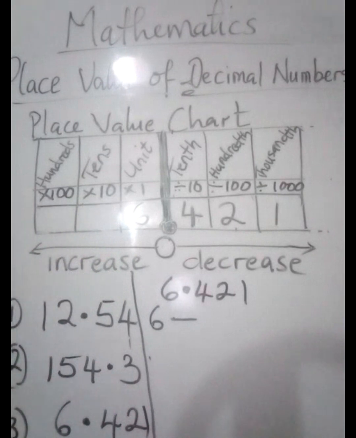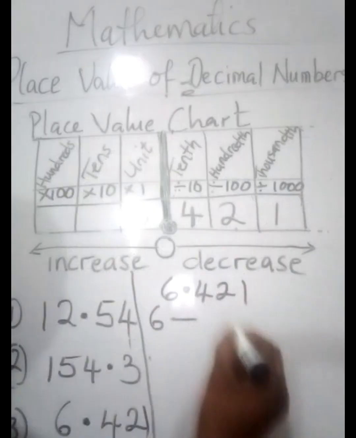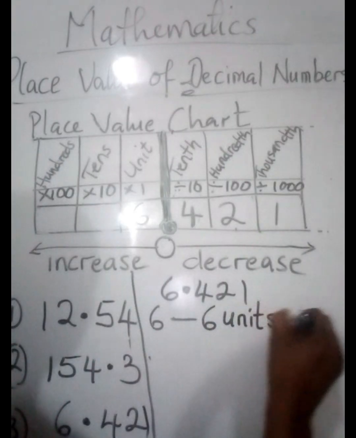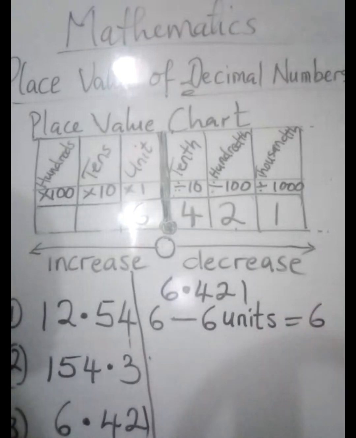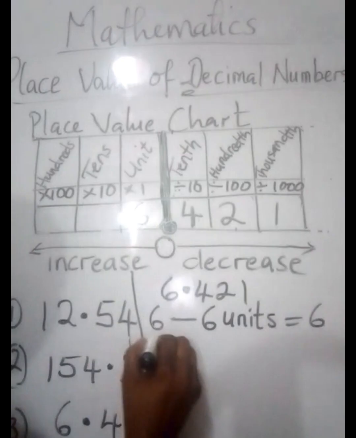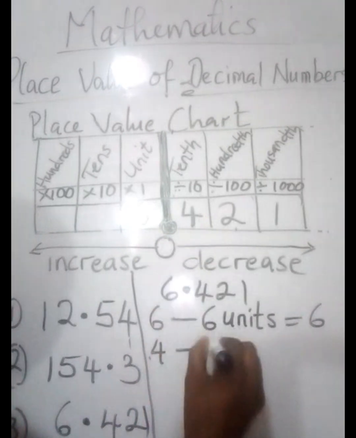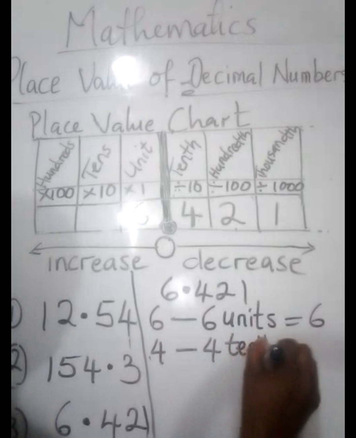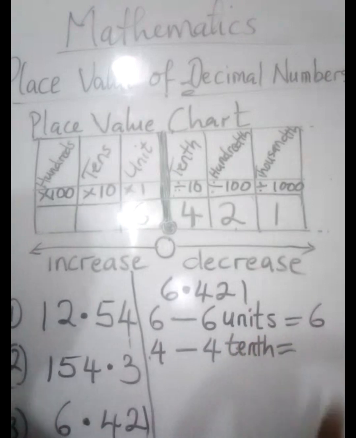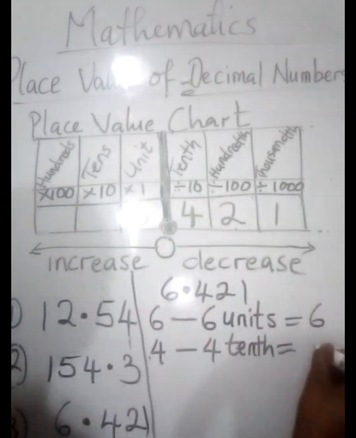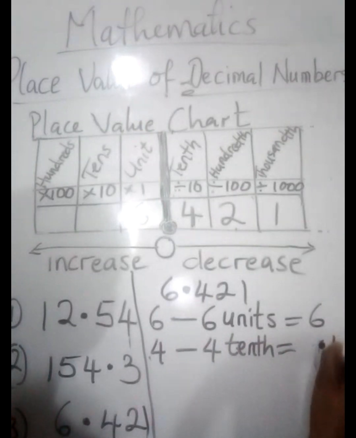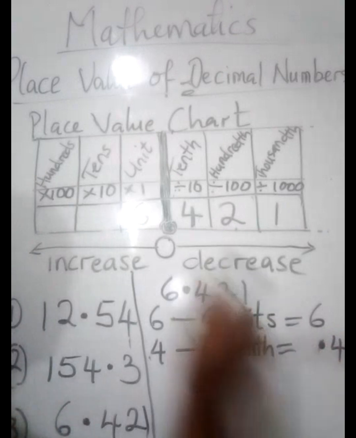For the 6, we're going to look at its value. It's under unit, so 6 is 6 units, and that is simply 6. Now the 4 comes under tenths, so you have 4 tenths. You have your point coming before the 4, so you must indicate this point.